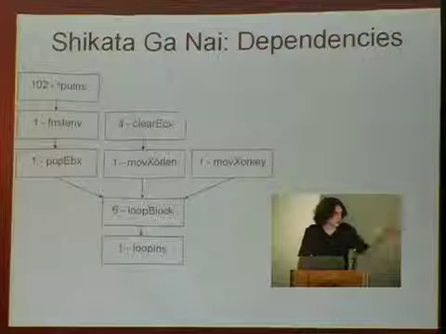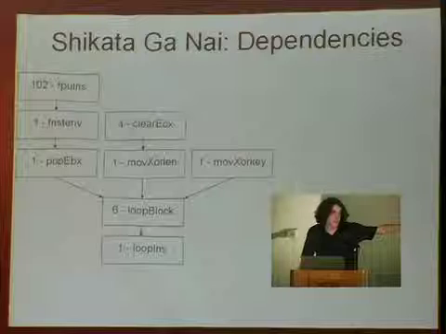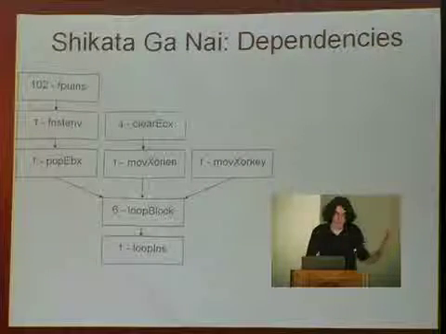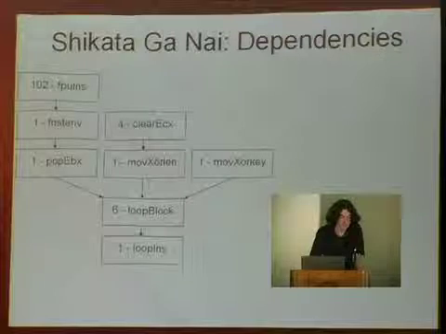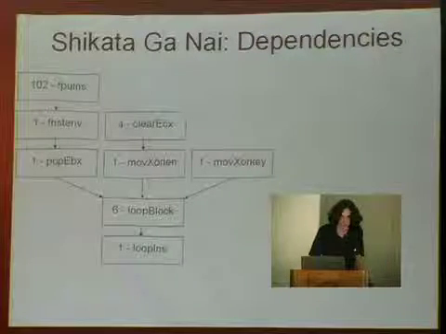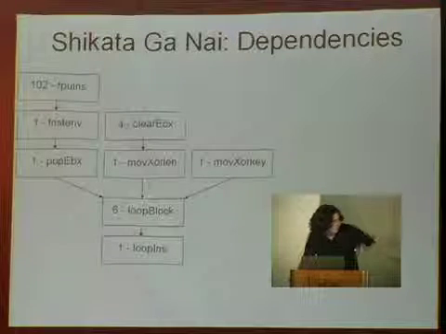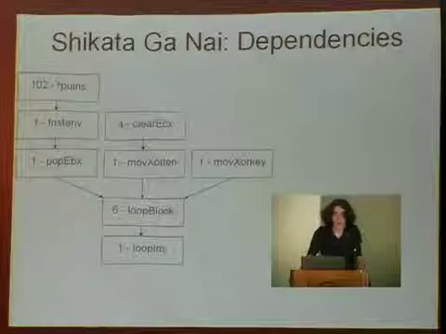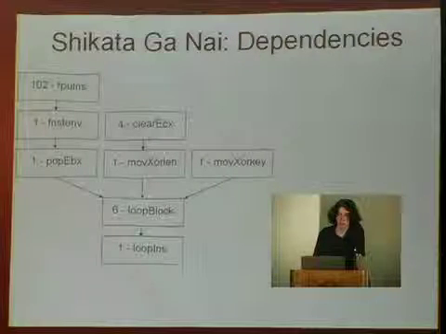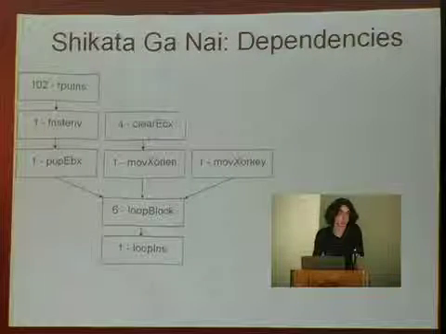What this graph essentially means is that before FNSTENV can run, the FPU instruction has to run. And before pop EBX can run, FNSTENV must have run. And at the bottom, pop EBX, mov length, and mov key must all have run before you can even get to the loop block.